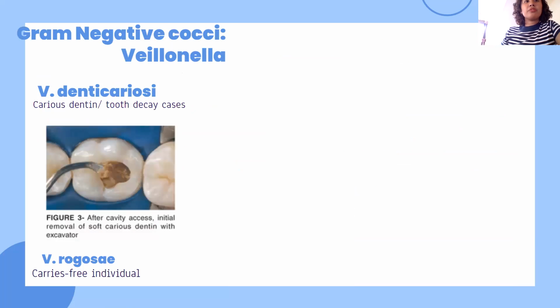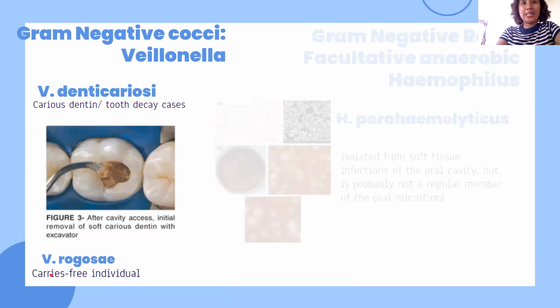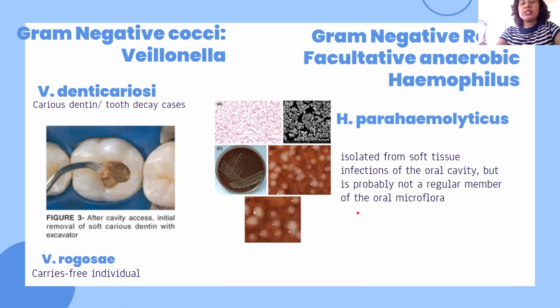So here, gram-negative cocci, we have Veillonella. It could cause tooth decay cases, and rogosae is found in caries-free individuals. Parvula, isolated from infections of the oral cavity, but is probably not a regular member of the oral microflora.